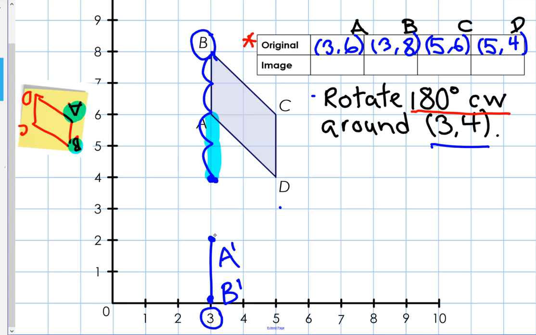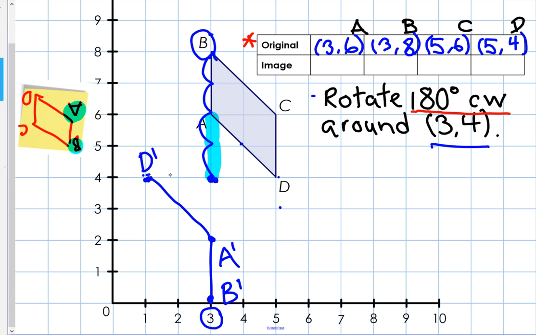Next, we can see that D will be on top and C will be on the bottom. You notice that it crosses through 2 units diagonally. 1, 2, and D prime would be here.